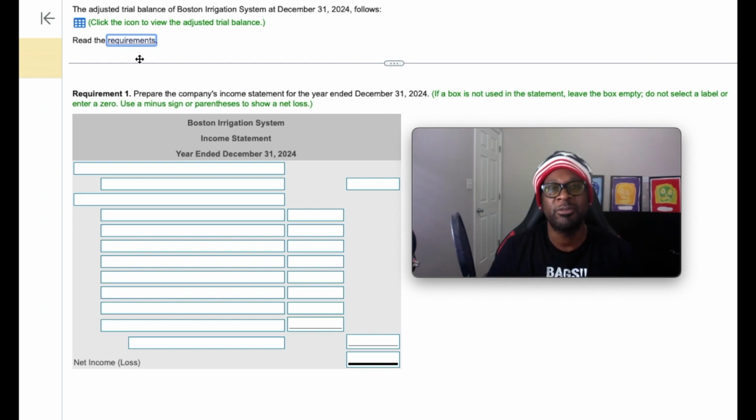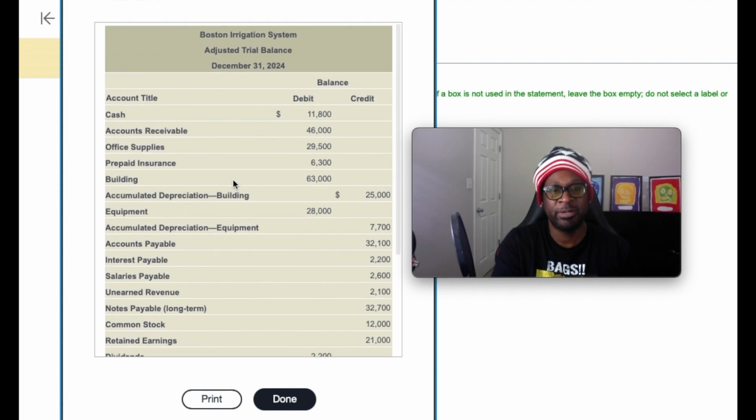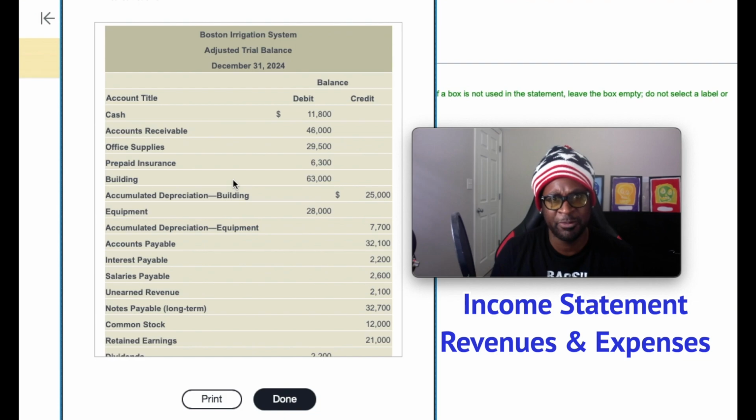Basically, we're going to make all three of the financial statements based upon the trial balance, close out the accounts, then do the current ratio. We're going to use this adjusted trial balance to determine which accounts belong on which financial statements. In a quick recap, the income statement determines income for a period, which consists of revenues and expenses.